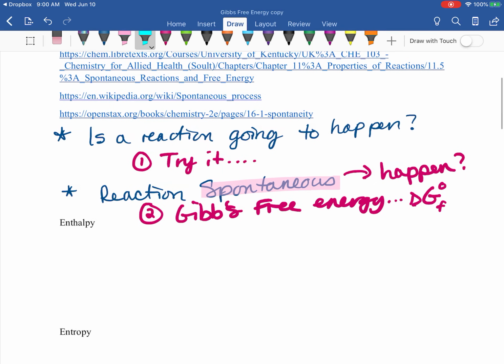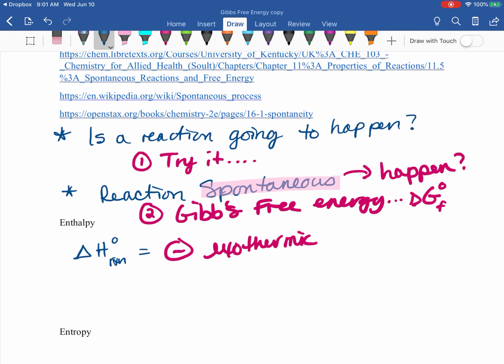Let's take a look at what it means for a reaction to be spontaneous in connection with our enthalpy. We're going to use some vocab here. If you look at a process in enthalpy that is exothermic, remember what that did with our energy. Now we're physically going to calculate a number with our Gibbs free energy, and that number is going to help us figure out if this reaction is spontaneous. It is all about energy. So if you have a reaction that is exothermic, what's happening with our energy?